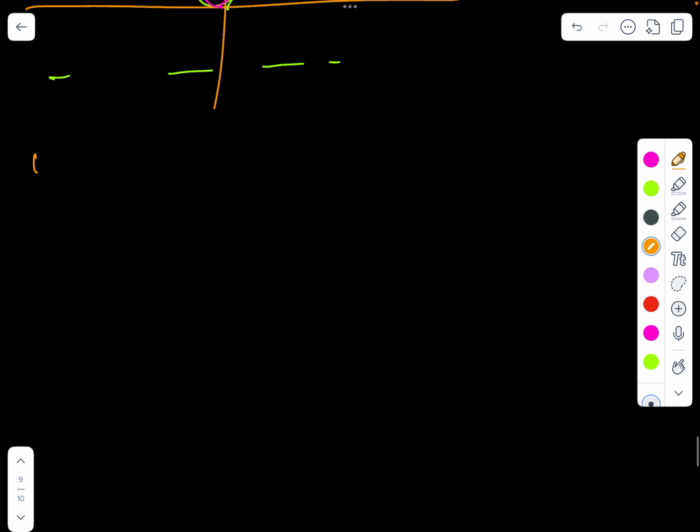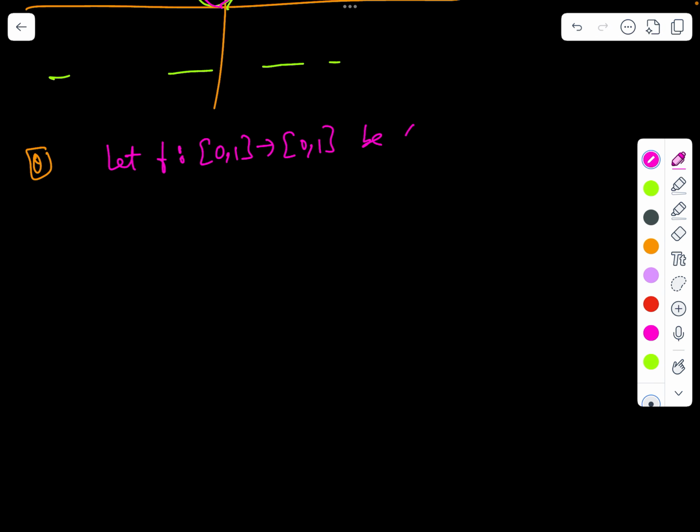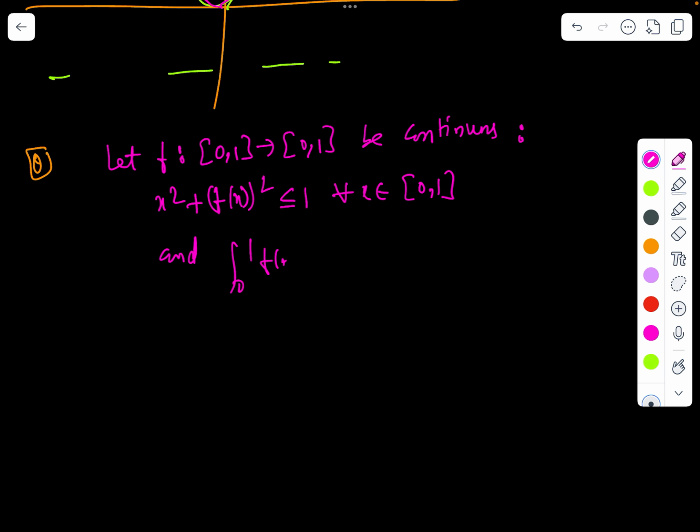So in this series, where mostly I dealt with calculus problems, let f be a function defined from 0 to 1 to 0 to 1, be continuous, such that x square plus f of x whole square is less than or equal to 1 for all x belonging to 0 to 1, and the integral from 0 to 1 of f of x dx is pi by 4.